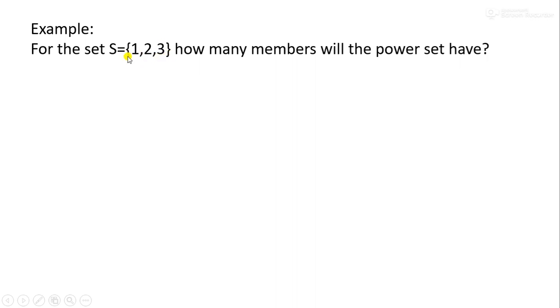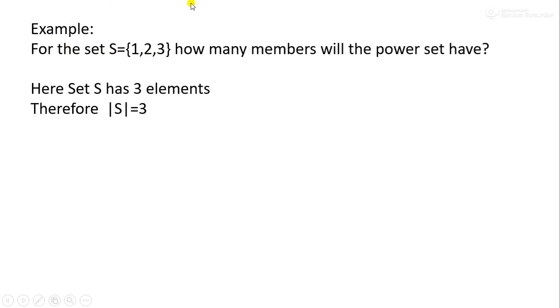So the cardinality of S is 3. Here the question is: for the given set, how many members will the power set have? Set A has 3 elements, that is 1, 2, 3. So the cardinality of the set is 3, and this is the symbol used to represent the cardinality of a set. Cardinality of a set means the total number of elements present in the set.